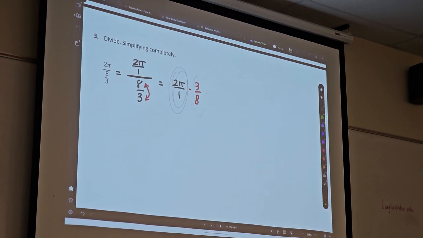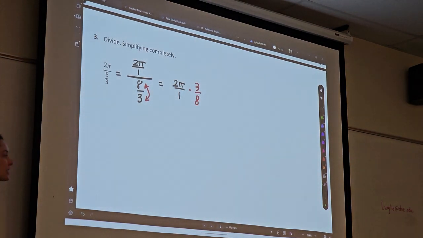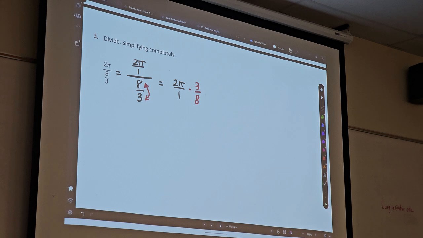Leave alone, flip. You multiply fractions straight across. I wish we could add them like that. You can't, right? You multiply numerators, you multiply denominators. 2 pi times 3, 2 times 3 is 6, so there's 6 pi, and 1 times 8 is 8. We're done. But the simplifying amounts to looking for secret times ones.